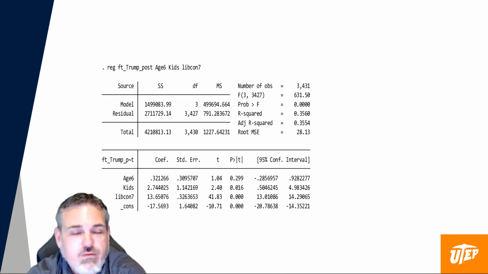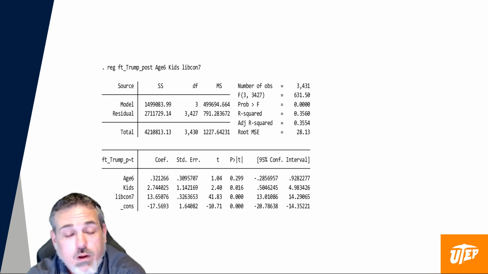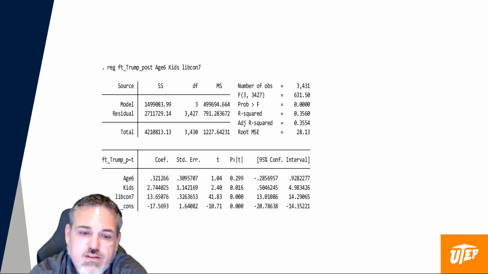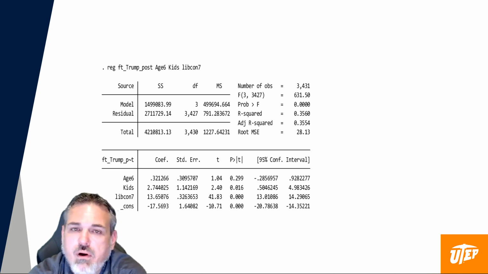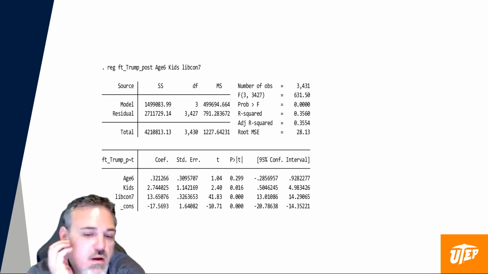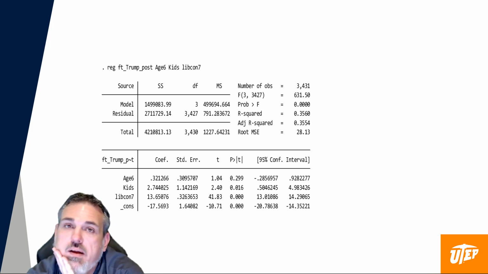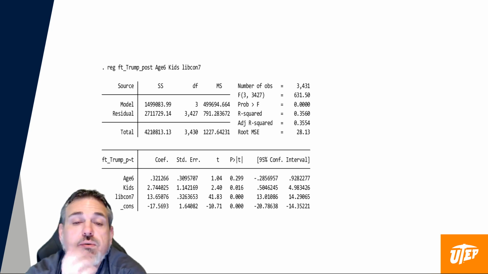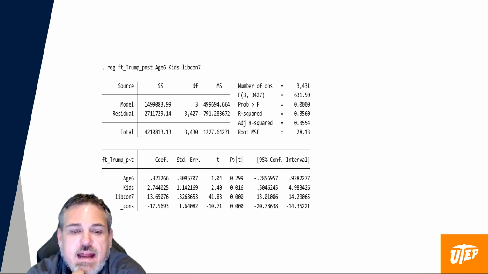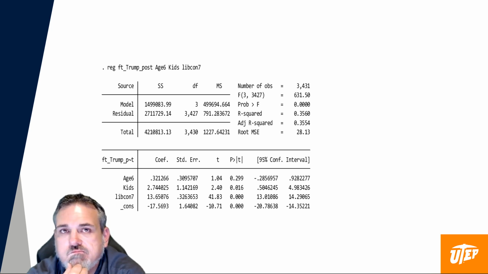Liberal or conservative, 41 points is above 1.96. And age, 1.04. No effect on the outcome whatsoever. Not even close. But is there reason to believe that age and kids are strongly related? I would think so.